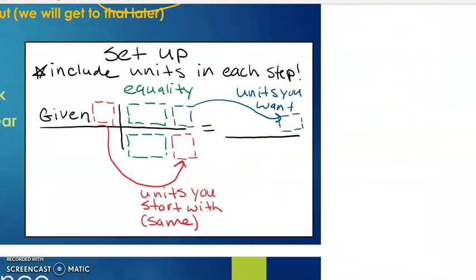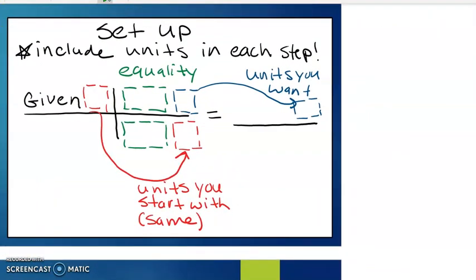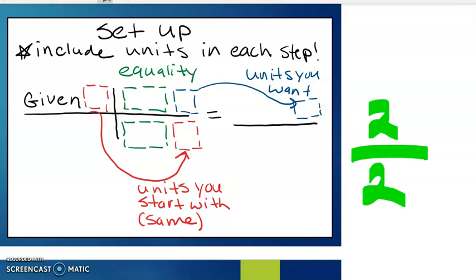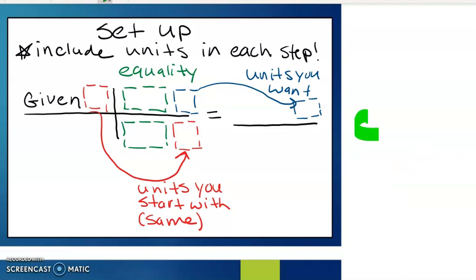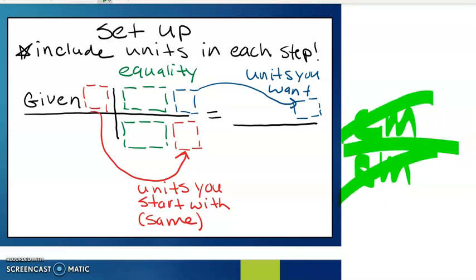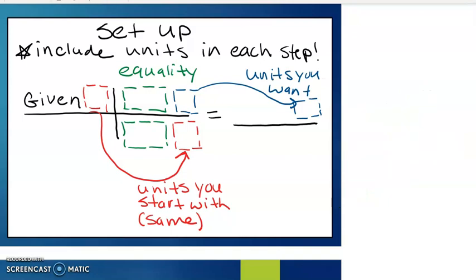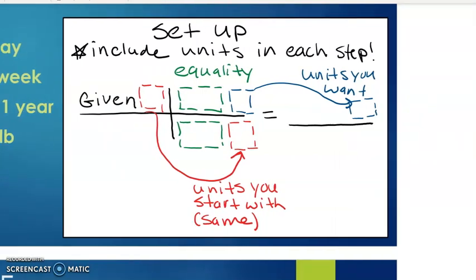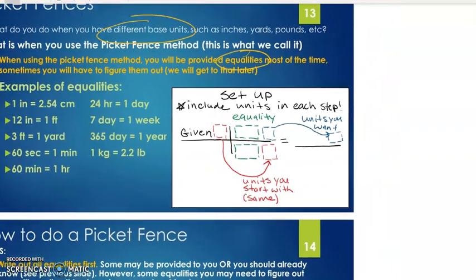Because in math, if you had like 2 over 2, that cancels and gives you 1. It's the same thing with units. If you have centimeters over centimeters, those are going to cancel each other out, okay? So we're going to be applying that idea in our picket fence.